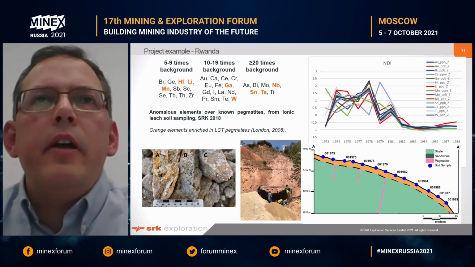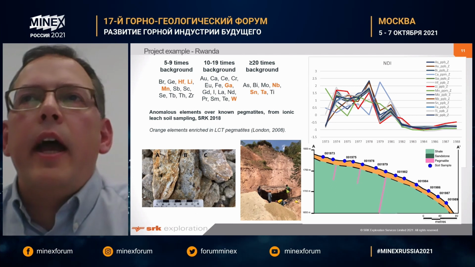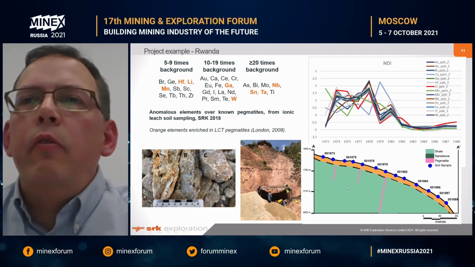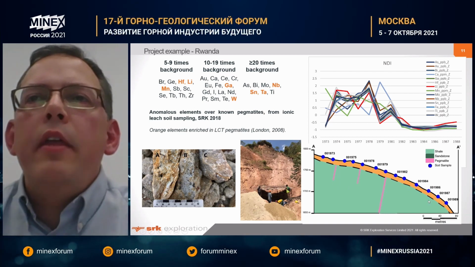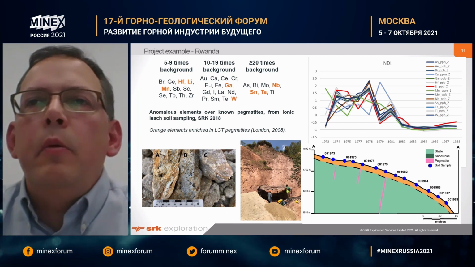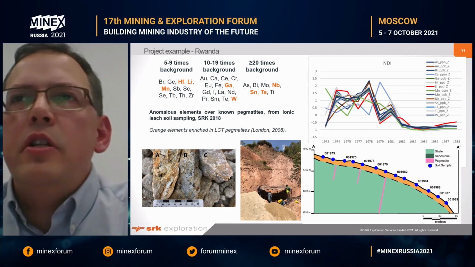An example where SRK has undertaken this work is in Rwanda, where we were looking at pegmatites. And the diagram on the right-hand side is a cross-section of the area that we were looking at, where 3 pegmatite veins were known to occur. And you will hopefully see the blue dots represent the sample positions.